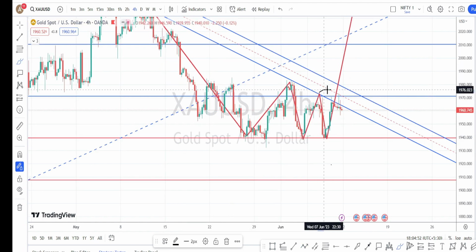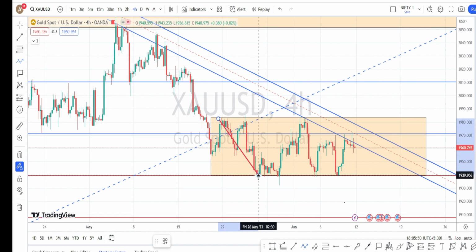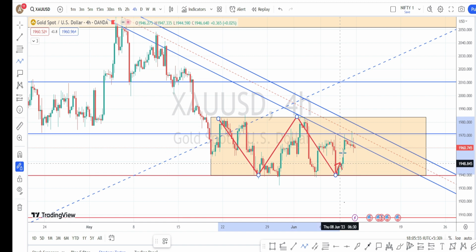And if the price action fails to break this resistance zone, wait for the price action to break the support level of 1940 in order to freshly enter on the bearish side trade in 4 hours time frame. The price action is still consolidating within this rectangle pattern, which I had mentioned in the previous analysis videos also.